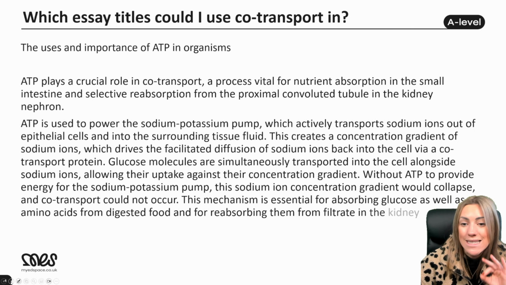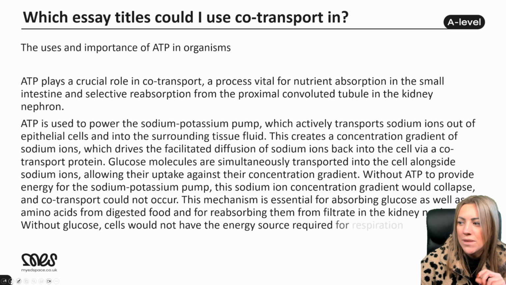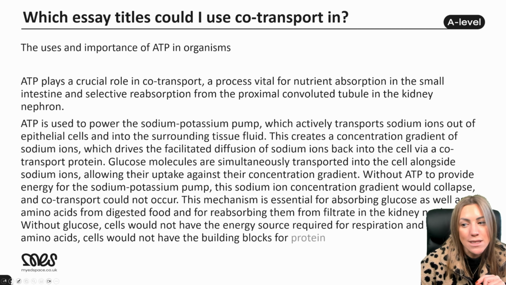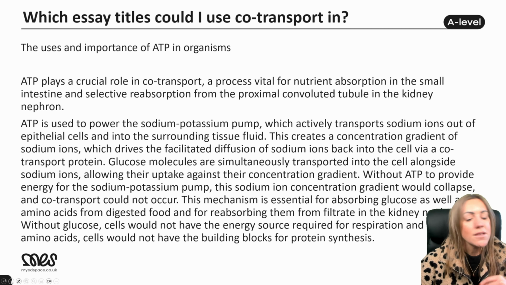Without ATP to provide energy for the sodium-potassium pump, this sodium ion concentration gradient would collapse. Co-transport could not occur. So you can see I'm trying to focus specifically on the importance of ATP to actively transport the sodium ions out, and create and maintain that concentration gradient.